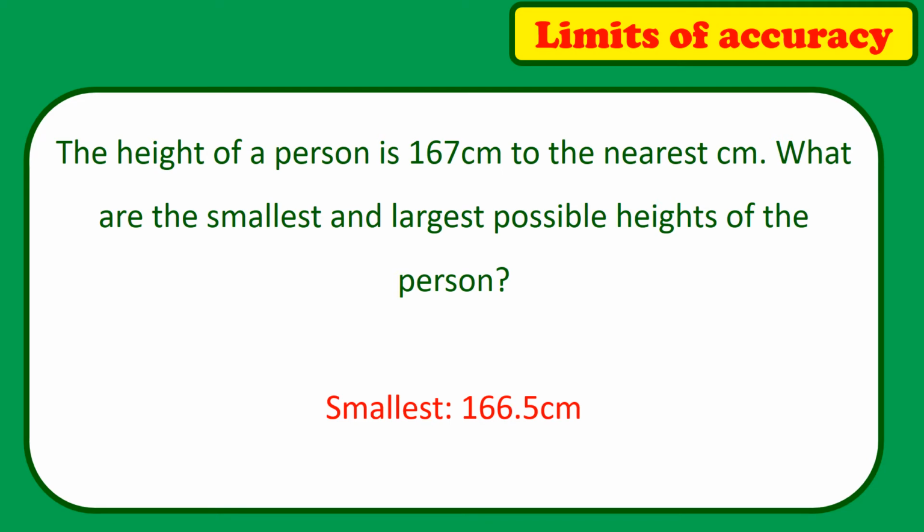So if we subtract half a centimetre, we get 166.5 centimetres. And if we add the half a centimetre, we get 167.5 centimetres. So the actual height of the person could be anywhere in between those two values if it's rounded to 167 centimetres to the nearest centimetre.